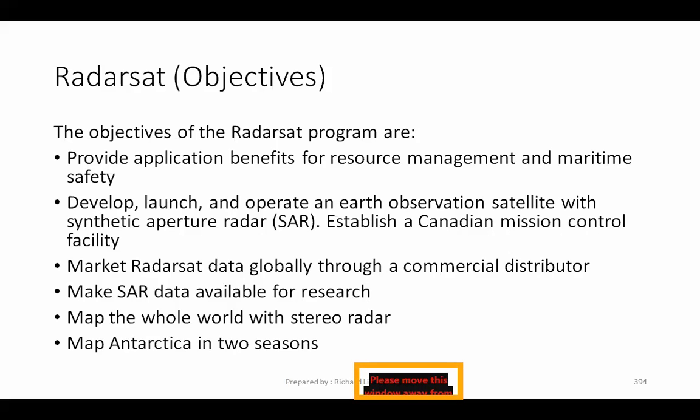Okay, that's a huge task, but it requires a lot of data, a lot of information, a lot of analysis on the positions of these outer bodies. So this can map Antarctica in 2 seasons.